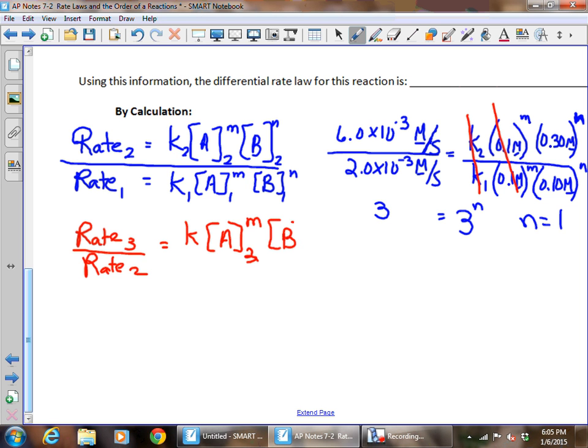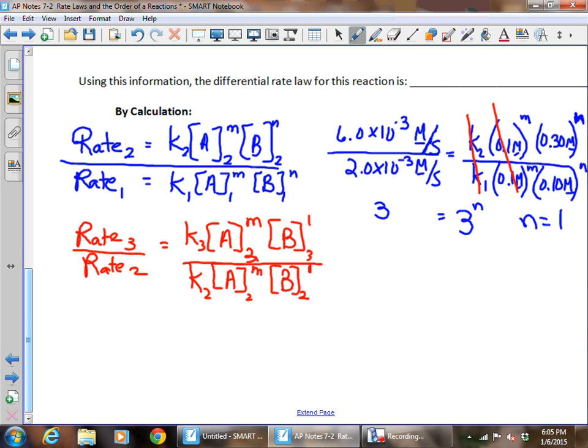Now remember, we know that B is 1 raised to the first power. And this is 3, this is 2. And again, we know that B is raised to the first power.